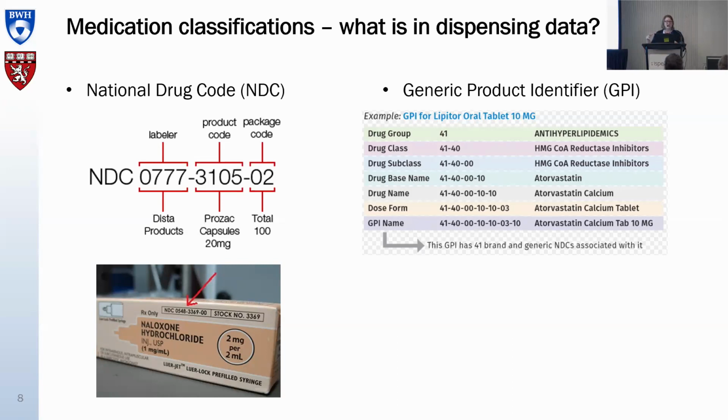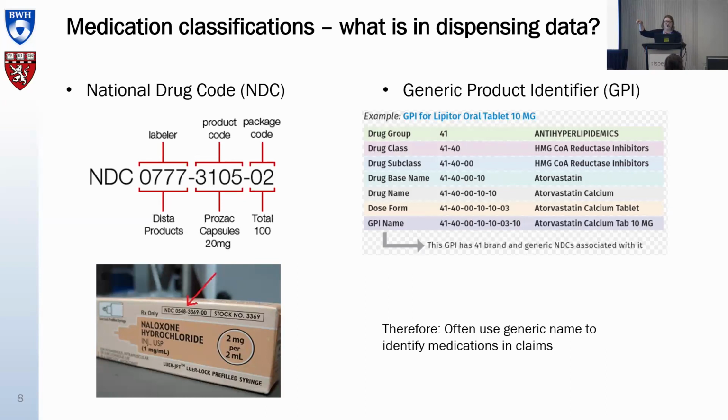And so I think it's important to point out that in the US, we're usually relying on what the medication is from the National Drug Code or the NDC, which captures different elements about what medication was dispensed. And for our purposes, we typically don't care about the manufacturer. We're really just trying to measure the generic name of the drug. And that is really the key that we're keying on for adherence work.